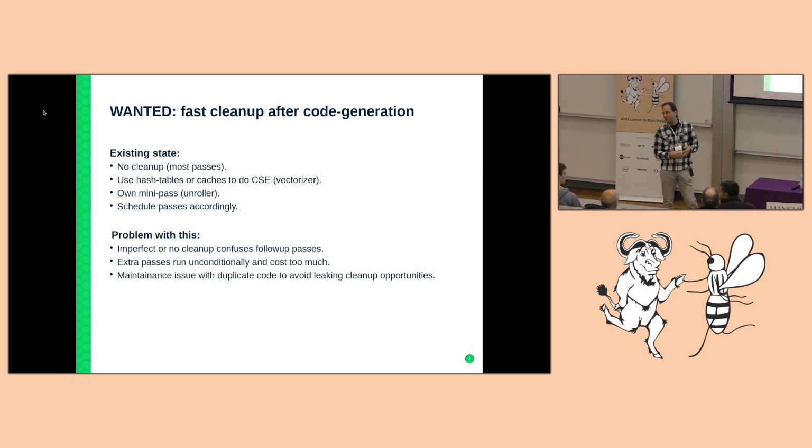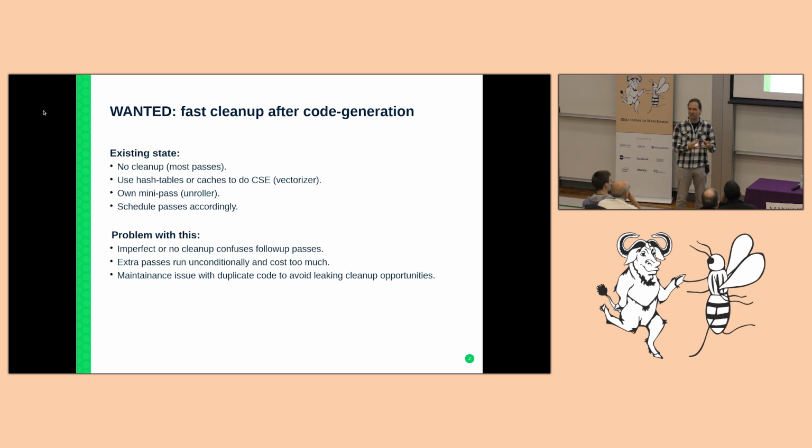The problem is also that you can disable passes. If users disable passes, well, then they are on their own. They still expect things to work correctly, but otherwise the optimization result may not be optimal. And so we've somehow gone the route of doing these mini passes in the unroller or CSE in the vectorizer, but it's not really a very maintainable thing to do.